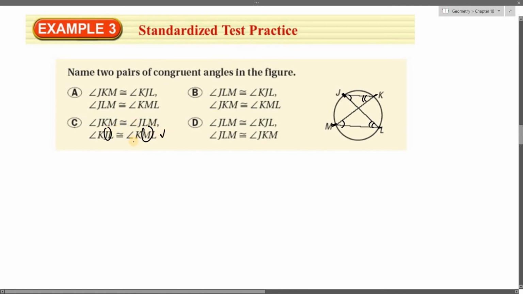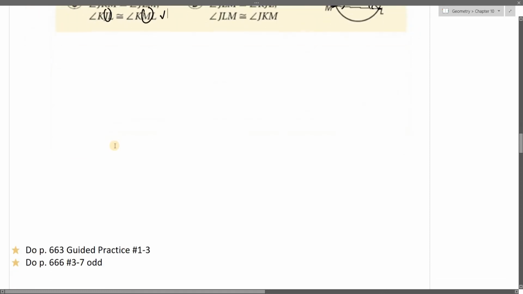Now let's check the other one. So K is in the middle, yes, and L is in the middle, good. And so I'm looking through that, and I'm going JKM, yes, and JLM, yeah. And so both of those are correct. So my best answer for this one is letter C. C is easy. It's exactly what the rule is wanting me to say. All right. So now I'd like to take a moment and do guided practice numbers 1 through 3.